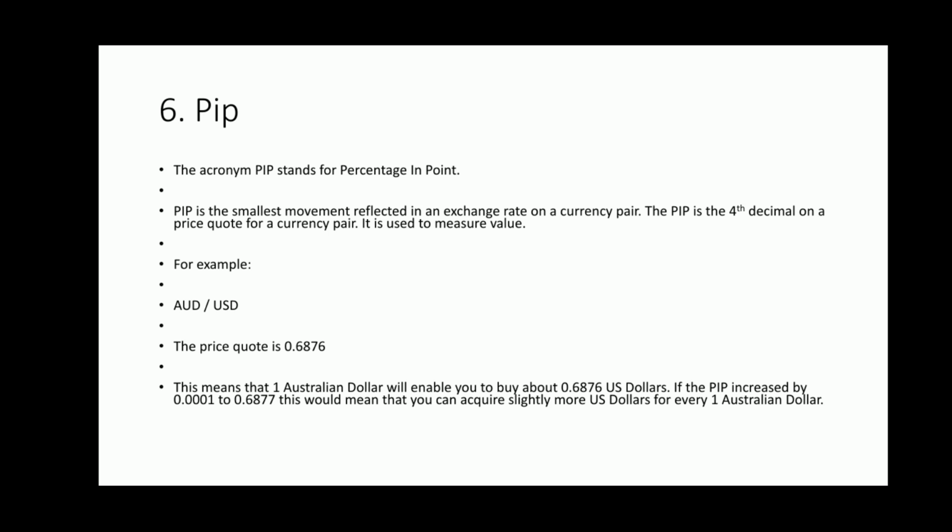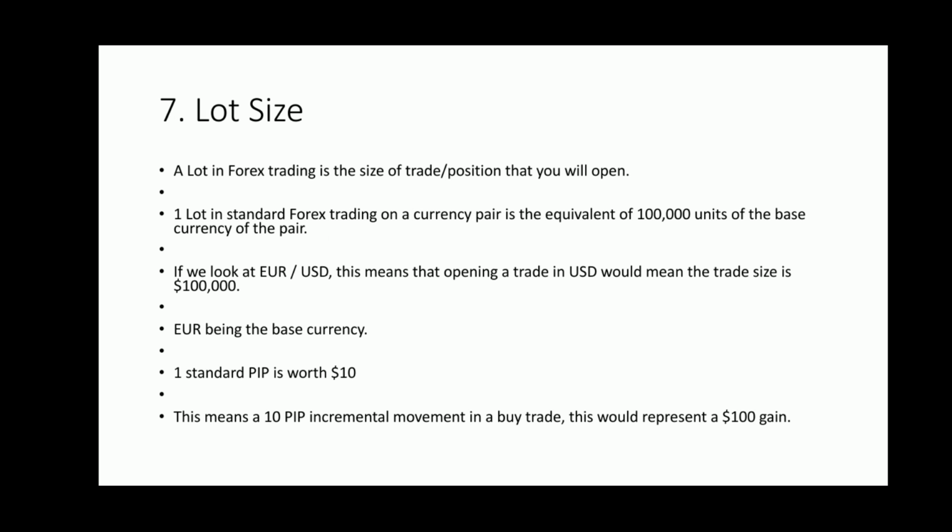Okay, let's move on to number 7. So number 7 is your lot size. Now, a lot in Forex trading is the size of the trade position that you will open. Now, 1 lot is a standard lot in Forex trading on a currency pair that is equivalent to 100,000 units of a base currency.